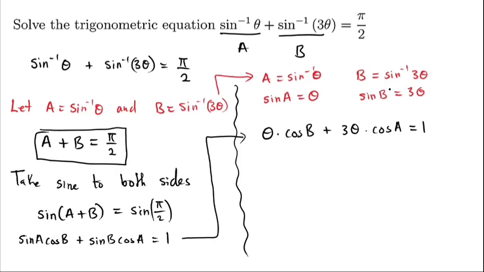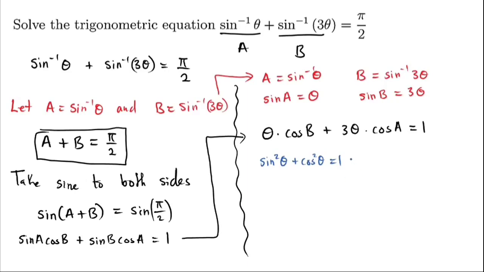Alright, so now we need to replace the cos and the cos so that we just have sine only. Here's how we're going to do it. We know that sine square theta plus cos square theta is equal to 1. We know this.